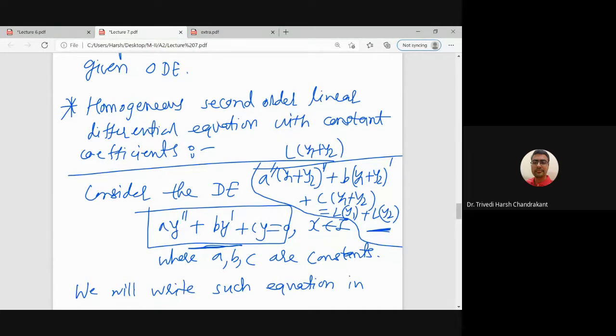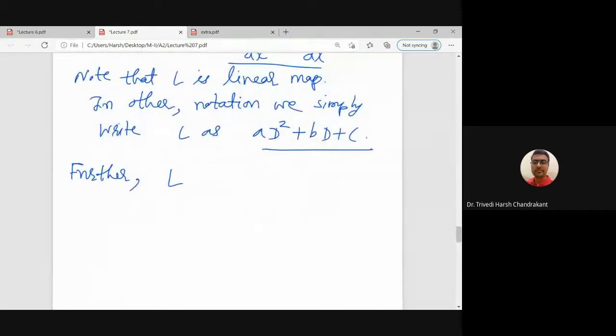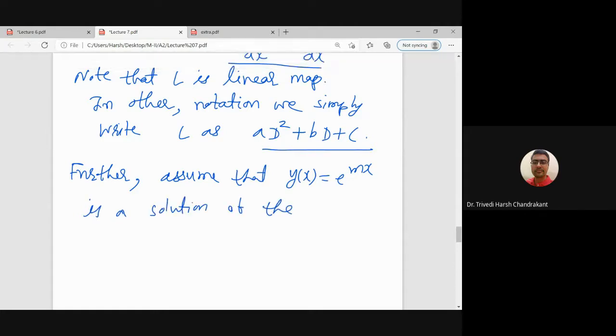So let us try whether such an equation can have a solution of the form e power x. So assume that y of x is equal to e power mx is a solution of the given equation.